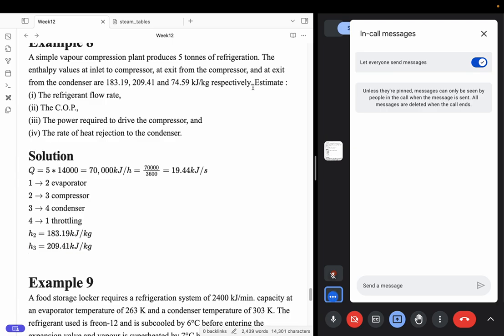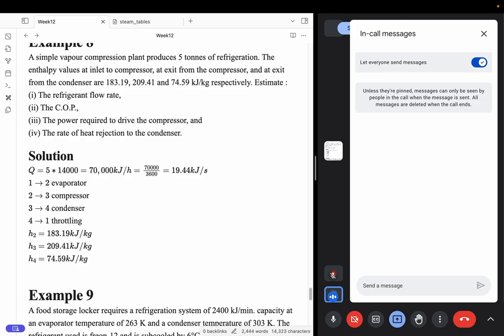It also told the exit of the condenser. The exit of your compressor is the inlet of your condenser, so 3 is 3, and the exit of the condenser is state 4. State 4 is given as 74.59. Now for the throttling process, we know H4 equal to H1.